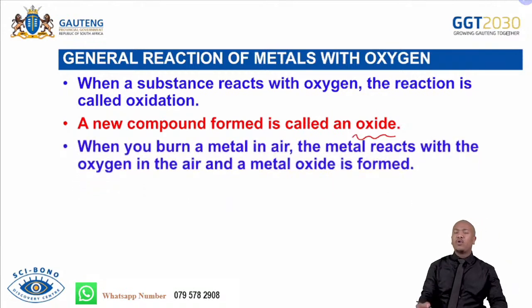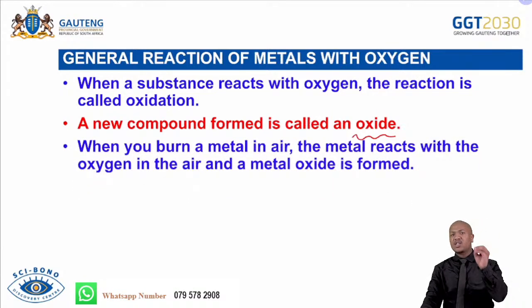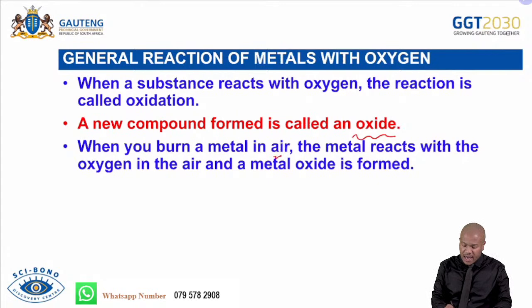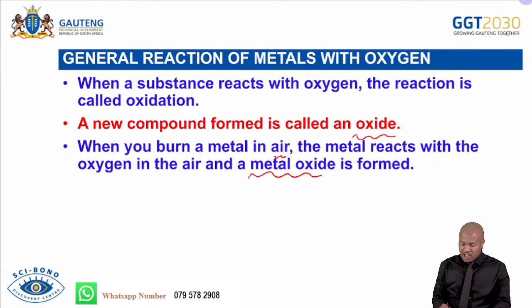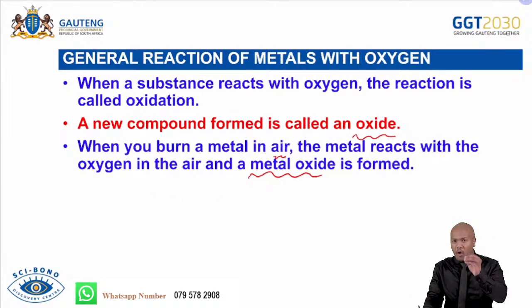But now, because we're talking about metals with oxygen, so when you react a metal with oxygen that is found in the air, the metal oxide is formed as a result. It says here, when you burn a metal in air, the metal reacts with the oxygen in the air and a metal oxide is formed.